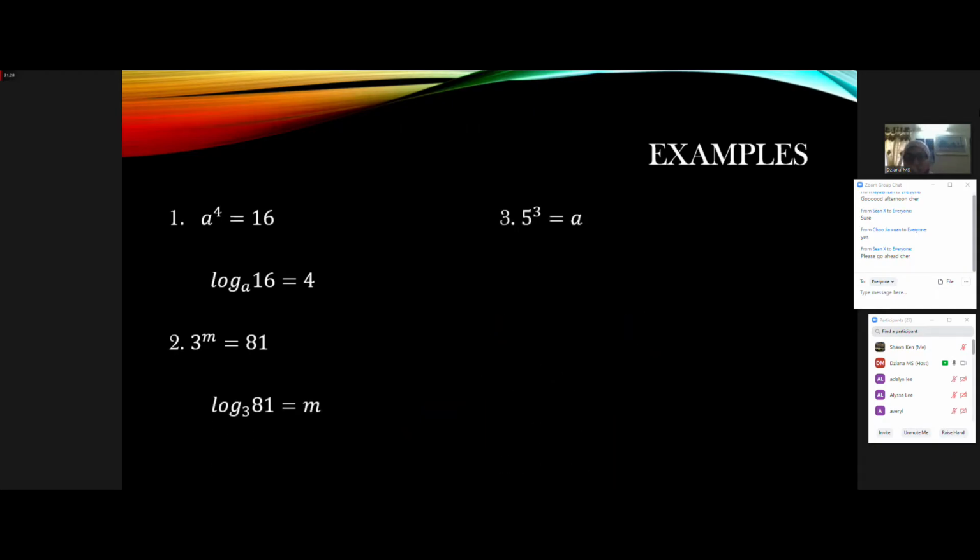This one more. Convert this into log form. Log base 5 of a equals to 3. This one, I think you all know, log base 10 of t equals to m.